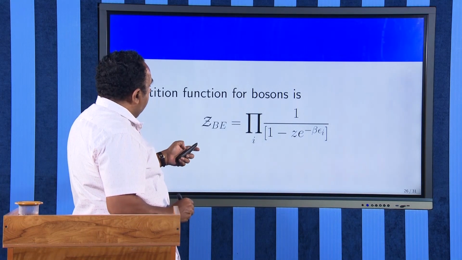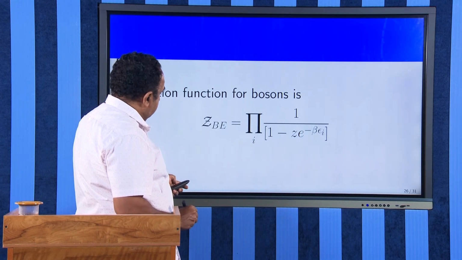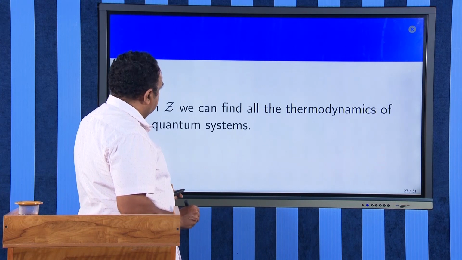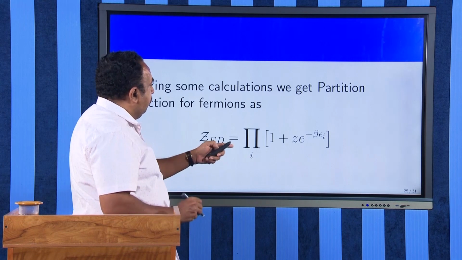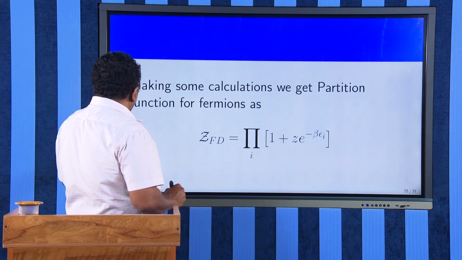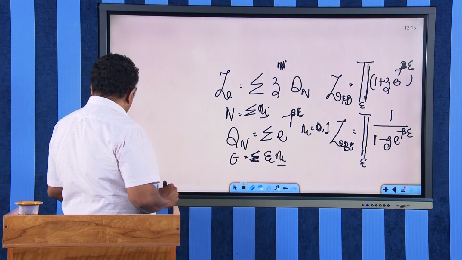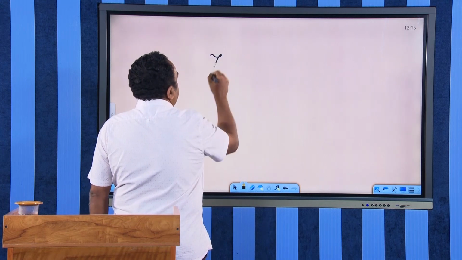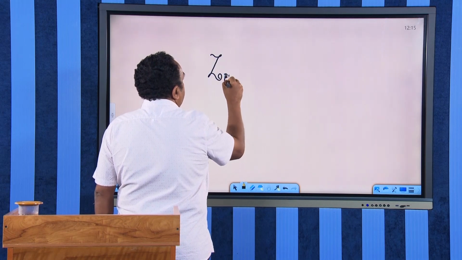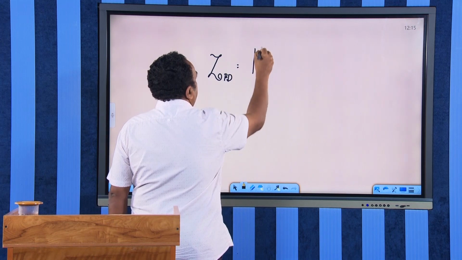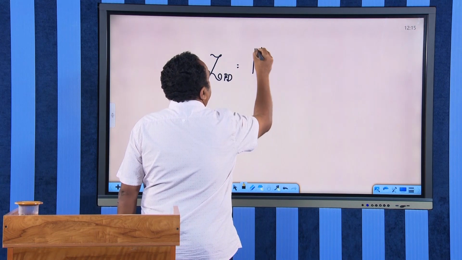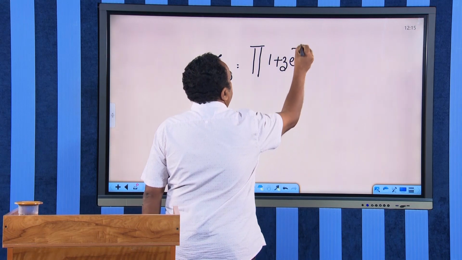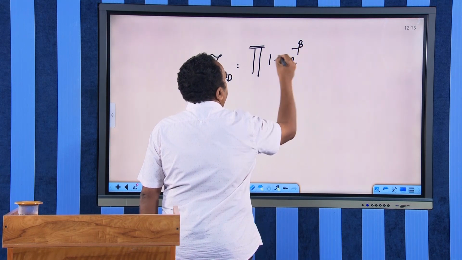This is for Bose-Einstein, and this is for Fermi-Dirac. Therefore, the partition function for Fermi-Dirac is equal to the product of 1 plus z e raised to minus beta epsilon.